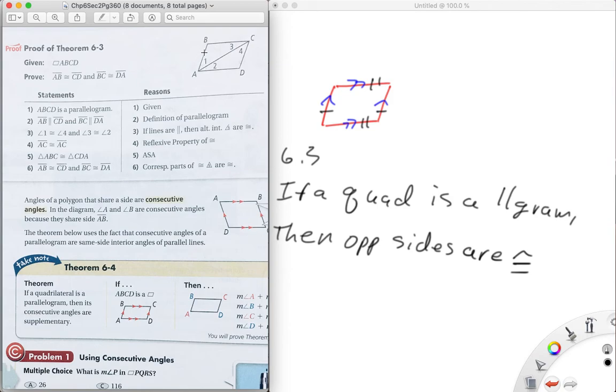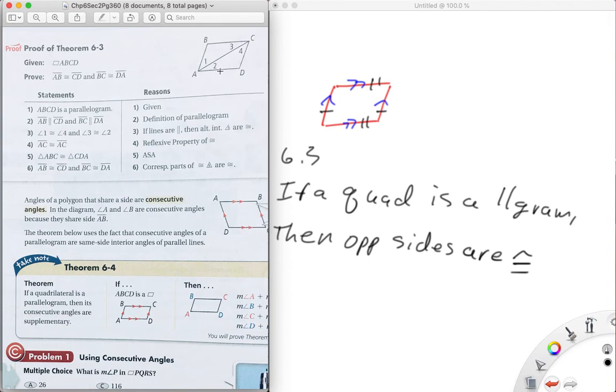So by definition, opposite sides are parallel. This is a transversal here, and this transversal is cutting across parallel lines BC and AD. If you remember alternate interior angles, angles 3 and 2 are congruent, 1 and 4 are congruent. We can say that the diagonal AC is congruent to itself.